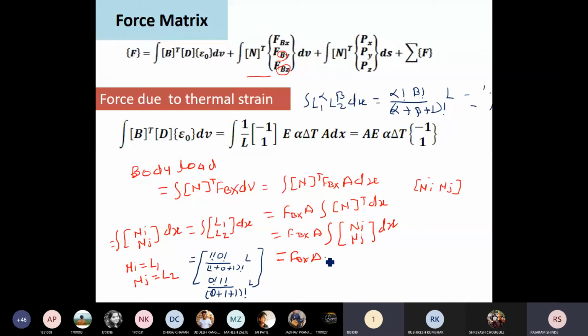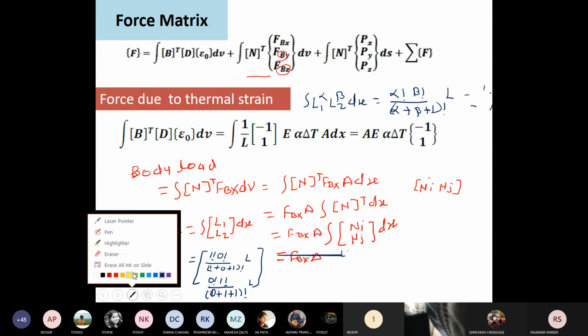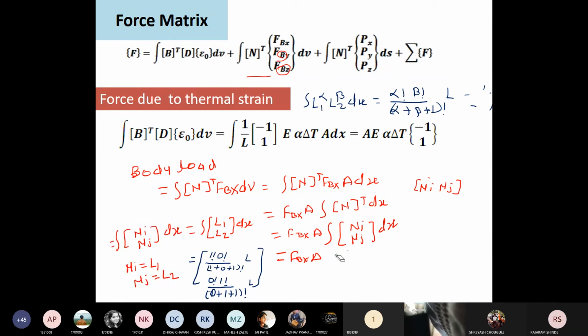Now what you will get here? See here, it is 1 factorial, 0 factorial, L divided by 1 plus 1, 2 factorial. That means L by 2. And this is also L by 2. So the integration of N1 is L by 2 and this is also L by 2.